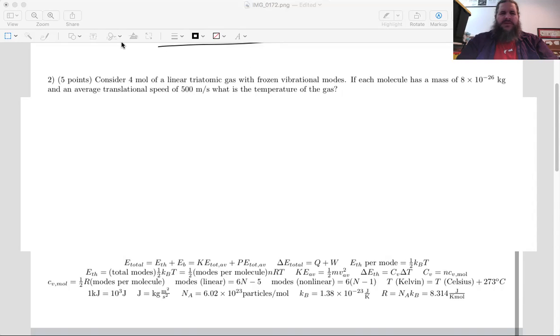Any thoughts on how those are related? If what we know is something about the translational speed of one molecule, and we want to know something about the temperature, what might relate those? If we know the average speed of a molecule and we want to know the temperature, how are those related to each other?